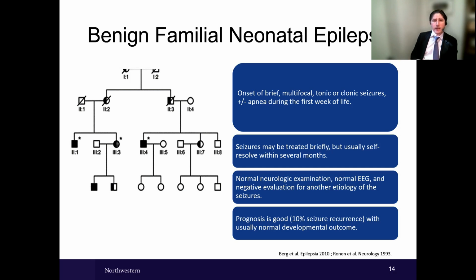I get asked a lot by different types of people, how can you tell if a kid has benign familial neonatal epilepsy? Well, you can do the genetic testing, and that will be one piece of the puzzle, because there are certain variants that are associated with a more benign or self-limited presentation.